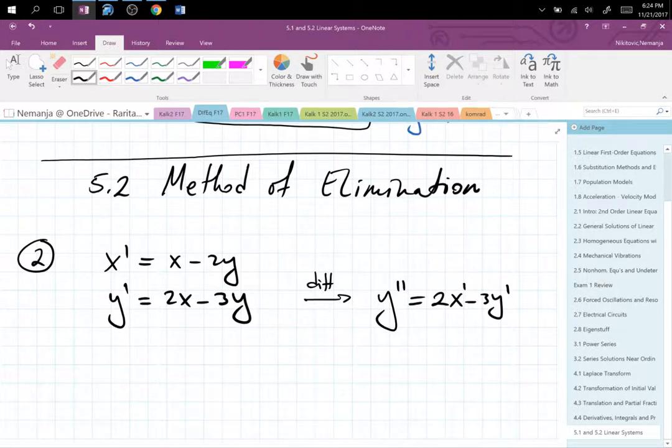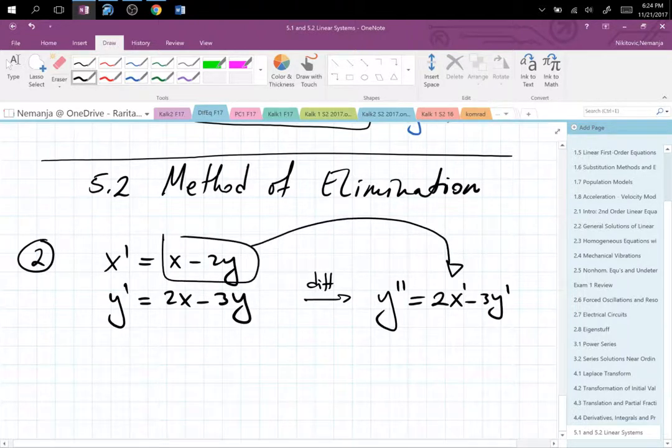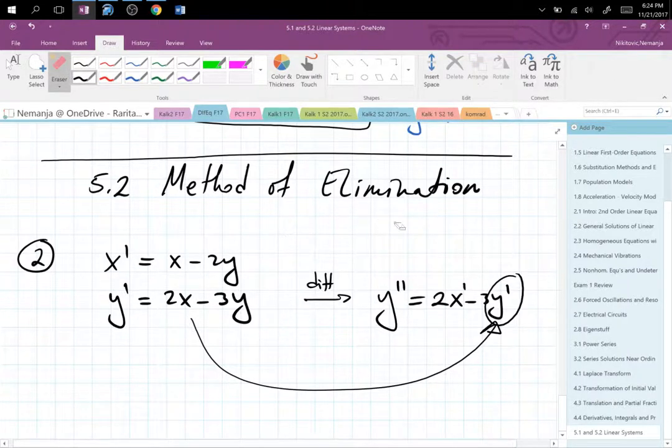So this method doesn't work this way, because now I have this to plug in here, but we are stuck there. If I plug all of this in there, my entire problem is again in terms of x's and y's, so it doesn't work this way.